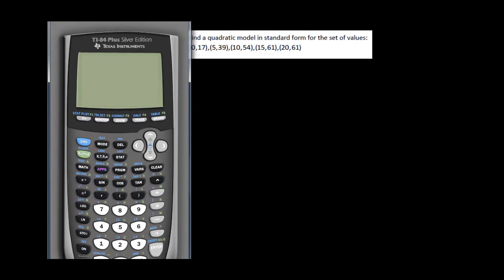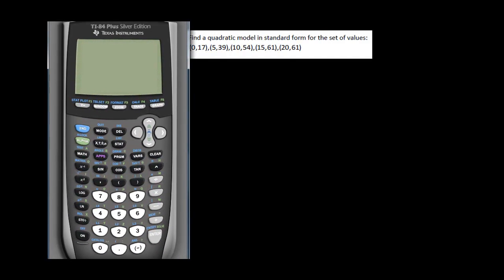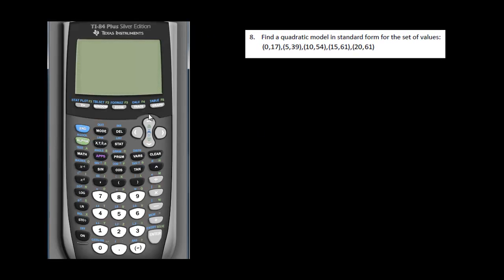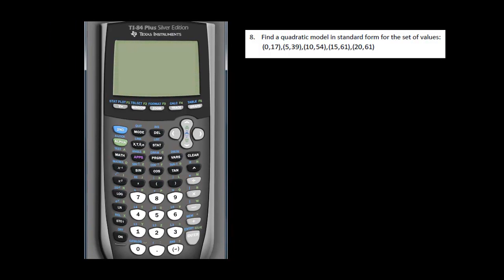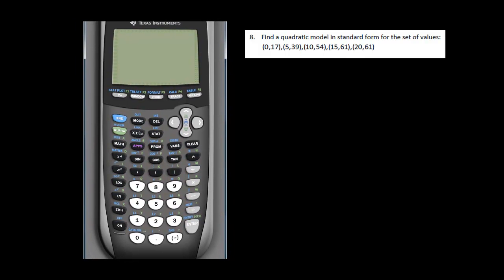Number 8. This is when you're finding a quadratic model, so let me get the calculator out here. Let's turn it on. Hit Stat, Edit. Clear your lists if they're not clear.